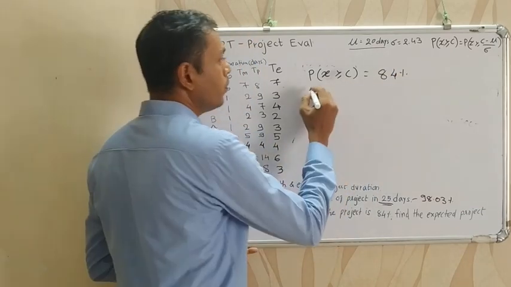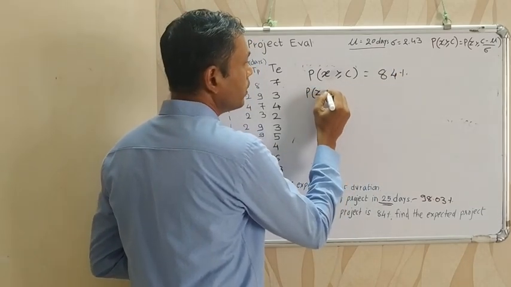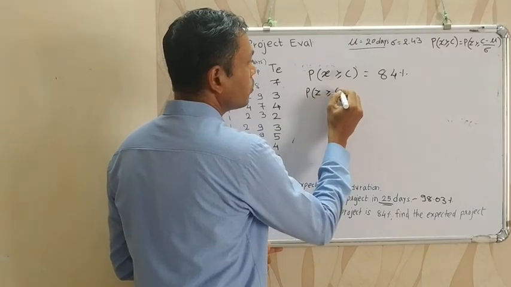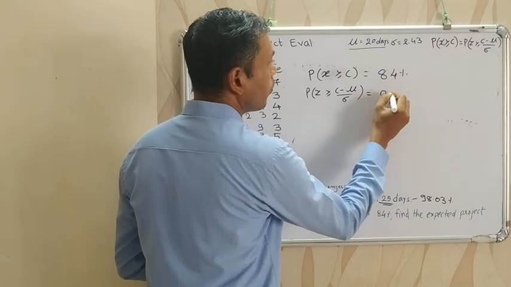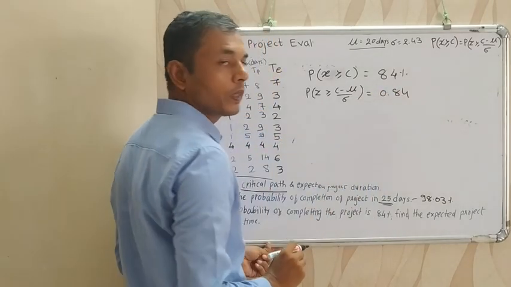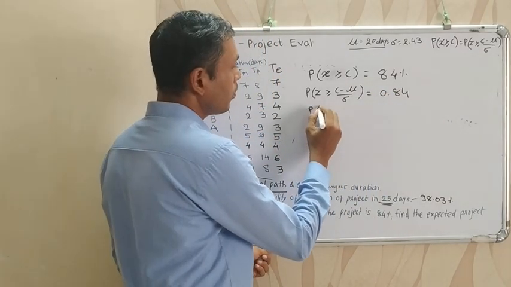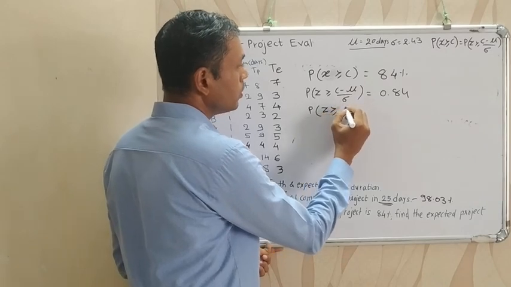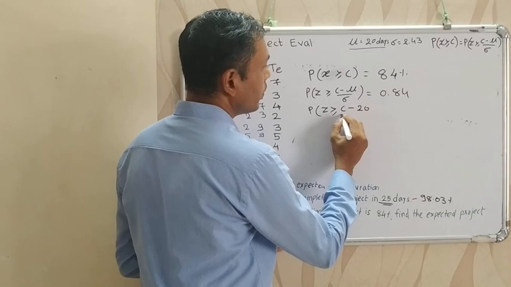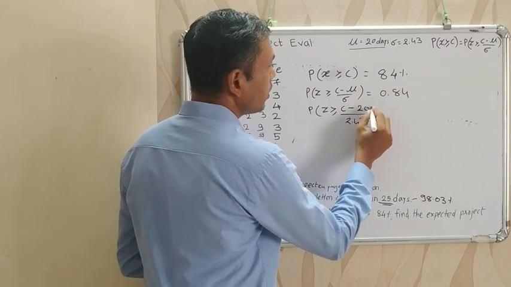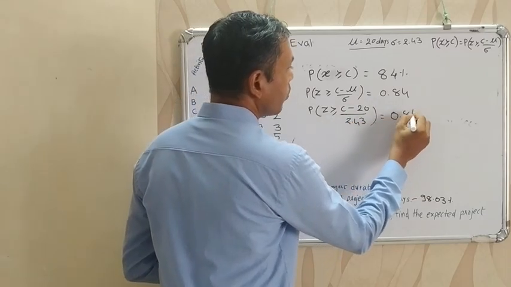So we can say the probability of Z greater than or equal to (C minus mu) divided by sigma is equal to 0.84. Here C is unknown for us, mu is 20, sigma is 2.43.